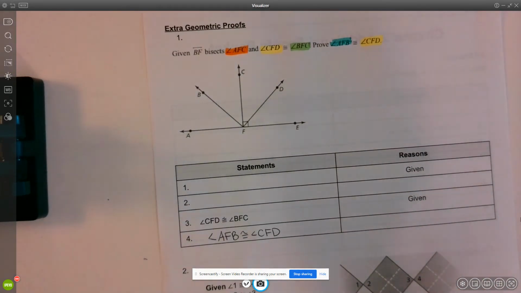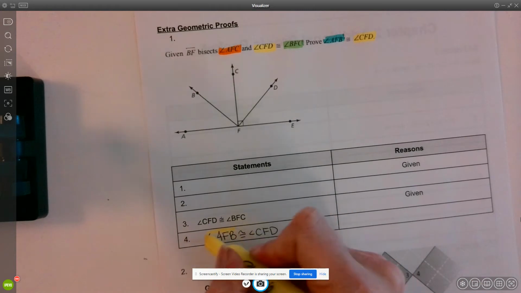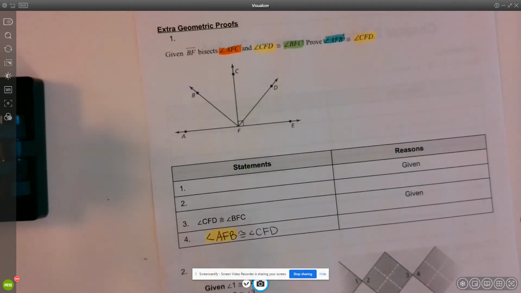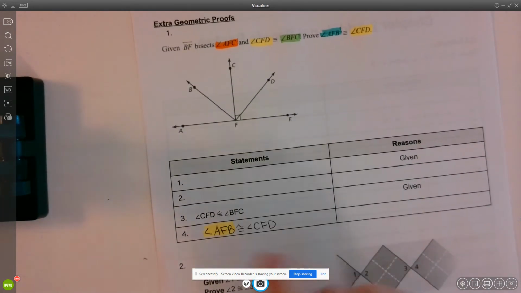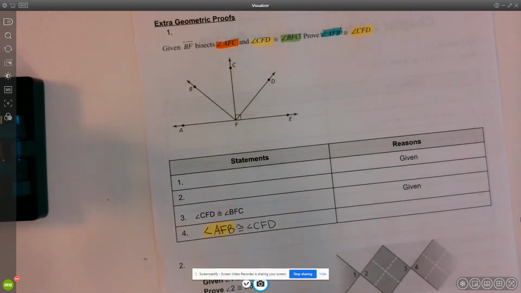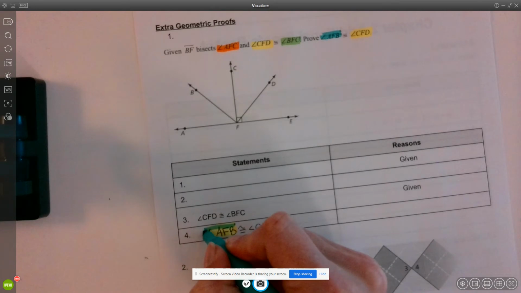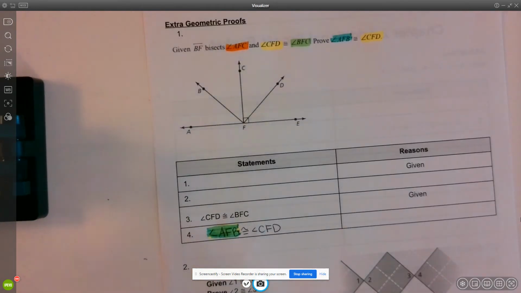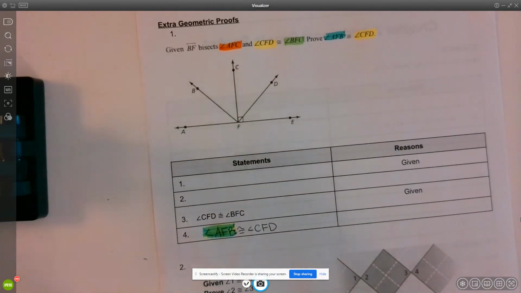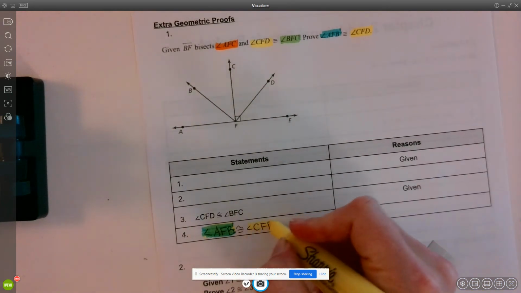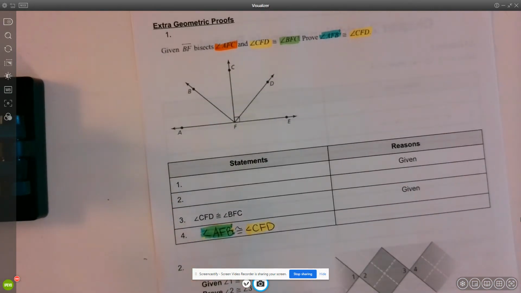I'm going to keep my colors going. Oh my goodness, I meant to put that one in turquoise. It's going to make it look green. That's turquoise. Sorry, that's what I meant to do.